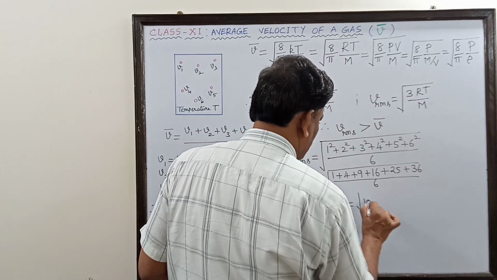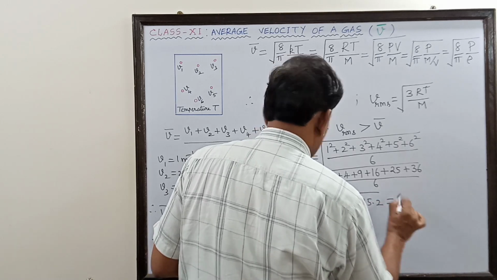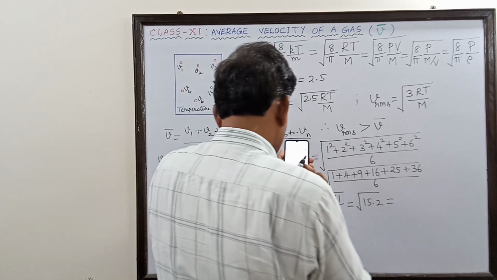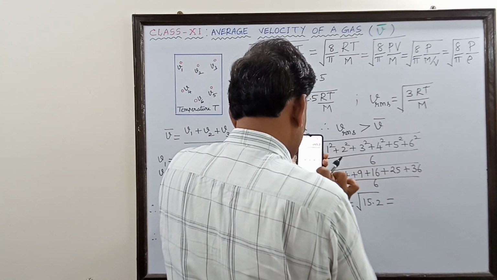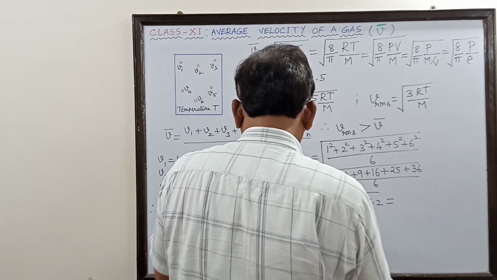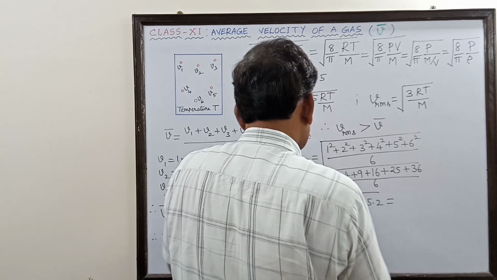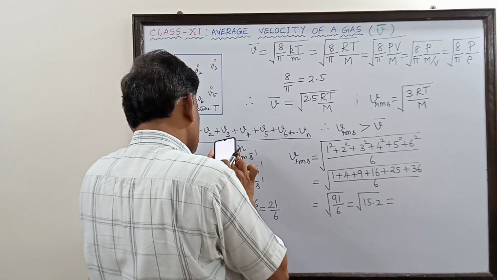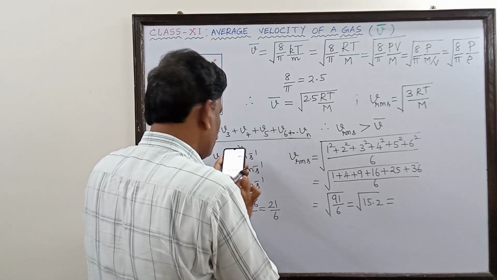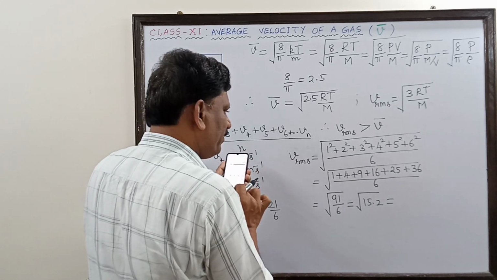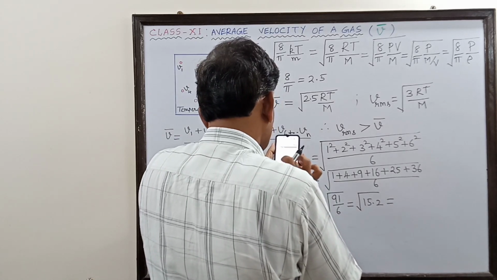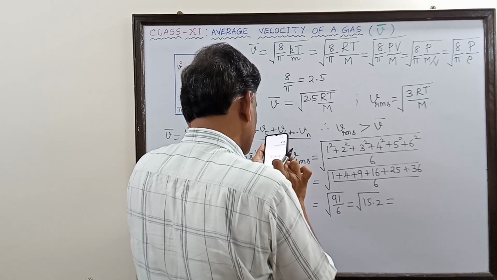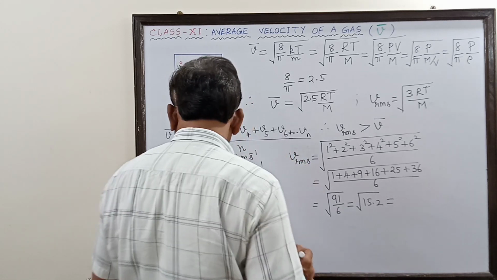The square root of 15.2 is equal to 3.89.